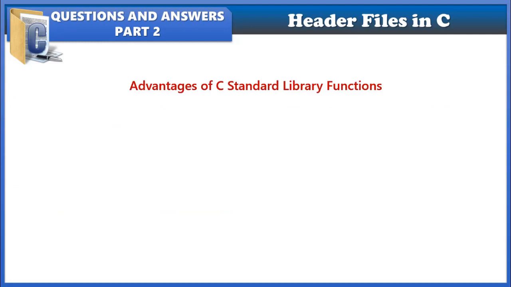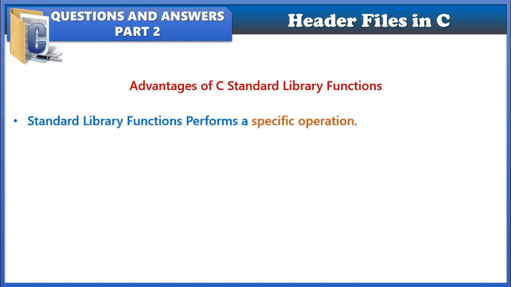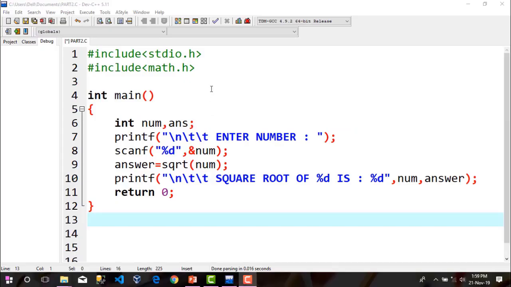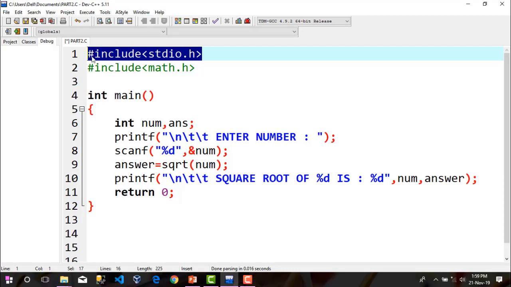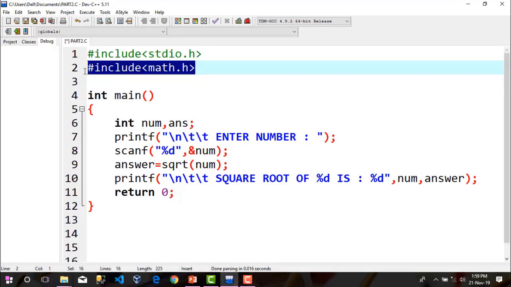So let's discuss advantages of standard library functions in C. Standard library functions perform a specific operation. To understand this concept, let's take one simple example. Here in this example, I have used two header files. First one is stdio.h and second one is math.h.